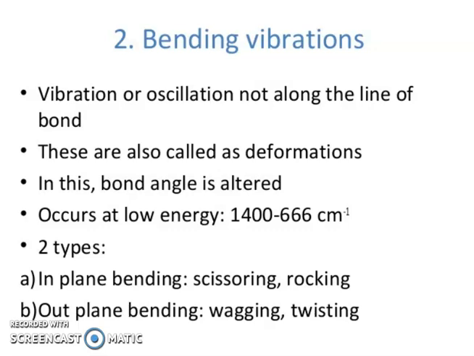In this, the bond angle is altered, and it occurs at low energy. Again there are two types: in plane bending, scissoring and rocking, and out of plane bending, wagging and twisting.